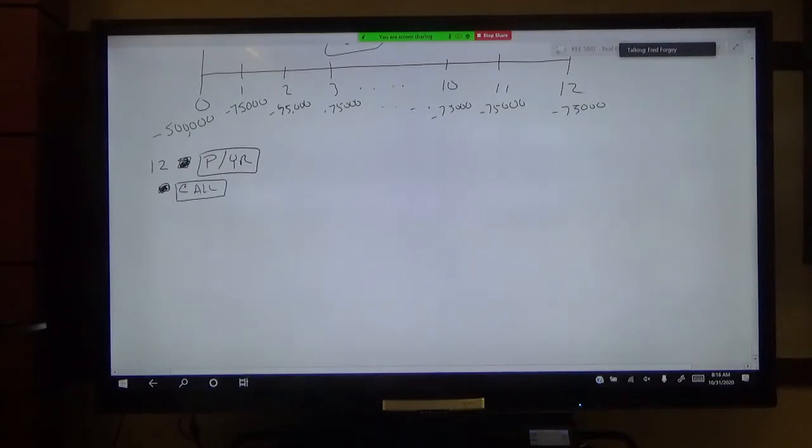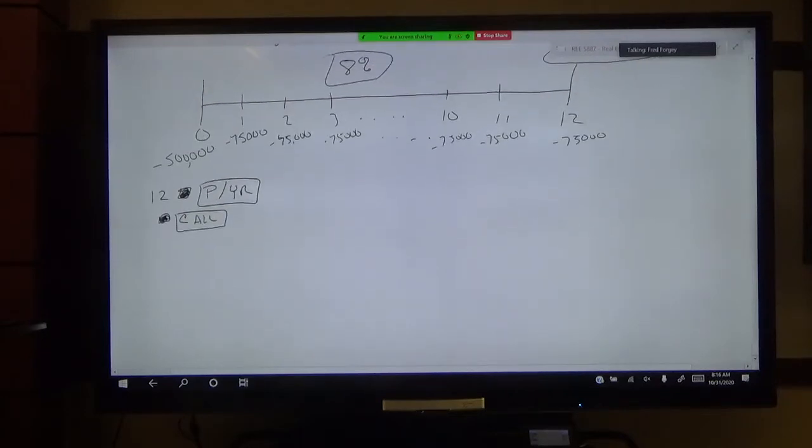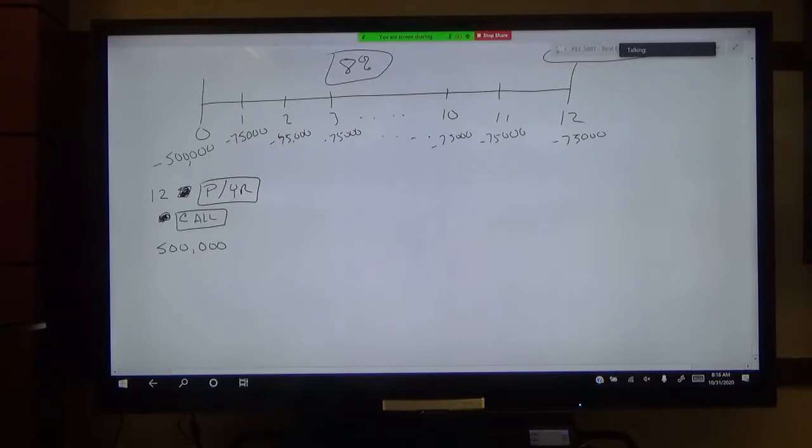All right? Then what we're going to do is we're going to have the $500,000, and that is going to be a negative number, so we're going to have to use the change sign key. Then we're putting that in as our first cash flow. Then the subsequent cash flows, well, actually we don't have to do that. Okay, let me back up a step.